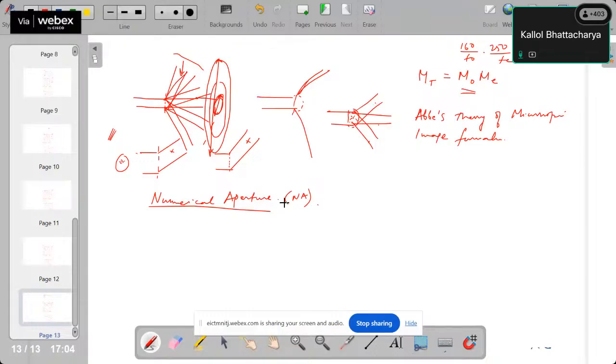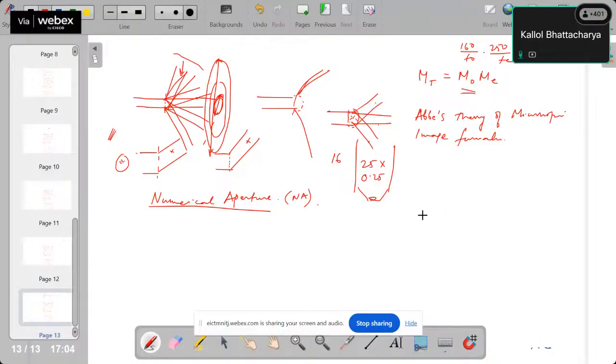You have this written on the microscope objective barrel. In fact, two things are written. One is the magnification, for example 25x or whatever, and the other is the numerical aperture, maybe 0.25, something like this. This is written on the microscope barrel. So what is numerical aperture?